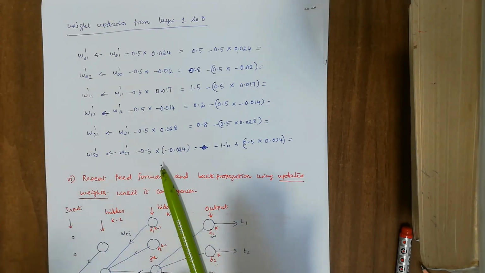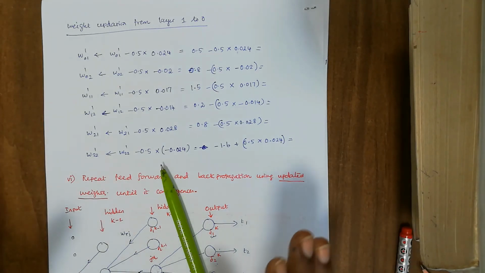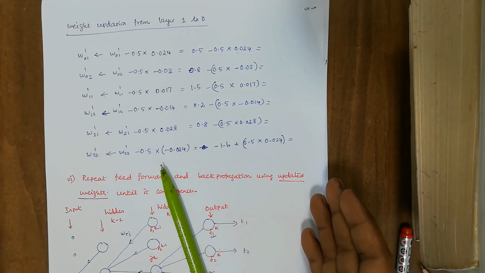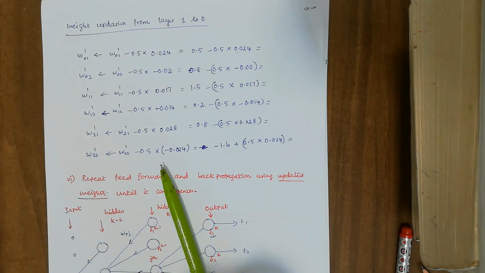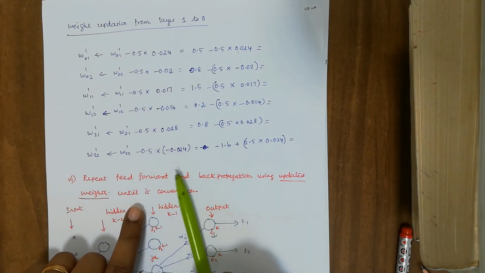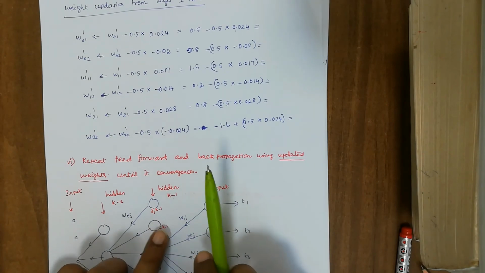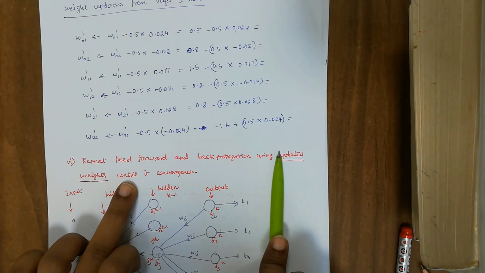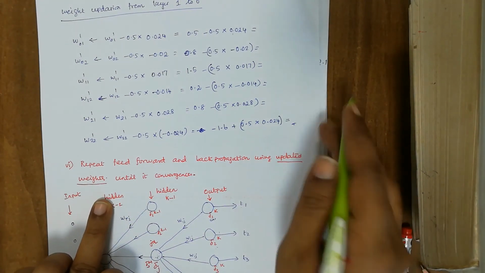We have done only one feed forward and one back propagation. Feed forwarding takes the output value to the next layer, and back propagating takes the value of the error back through the layers until it reaches the input layer. All this happens in one iteration. To complete the process, we repeat feed forward and back propagation using the updated, new weights.